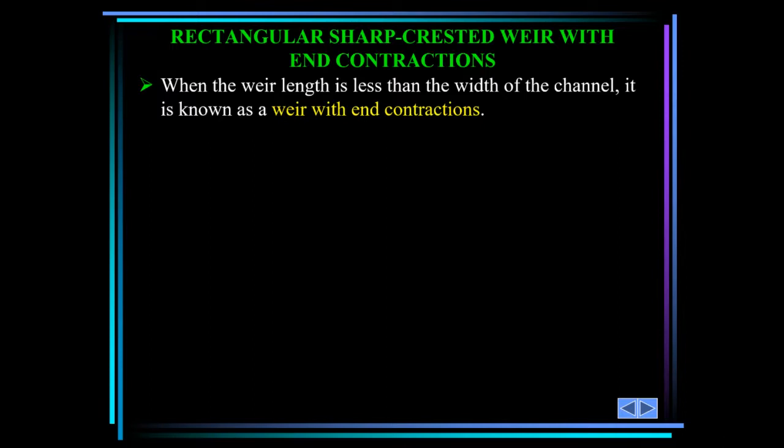So when the weir length is less than the width of the channel, it is known as a weir with end contraction. This is the channel width. So if the length of the weir does not cover the whole width, we call it a weir with end contractions.